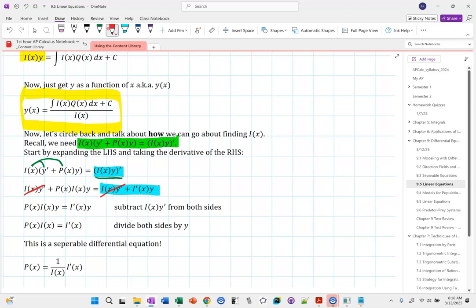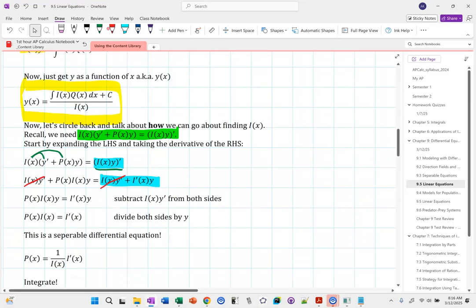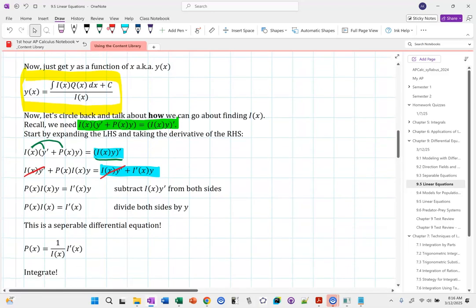So P of x, I of x, y is equal to I prime of x, y. I can then, hey, look at that, I can divide that y out of there. So I have then that P of x times I of x equals I prime of x.